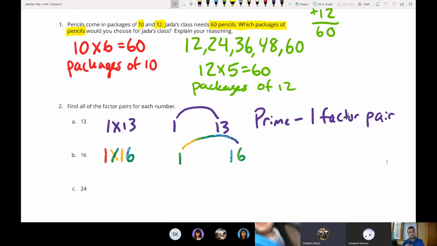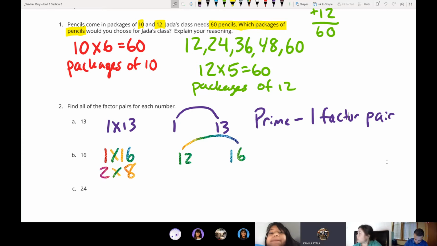If we were to skip count by 2, would we land on 16? Yes. Okay, how many times would we need to skip count by 2 to land on 16? 2, 4, 6, 8, 10, 12, 14, 16. Yep, 8 times. So 2 times 8 would give us 16. So that's another factor pair. Nice job. Is there another one?